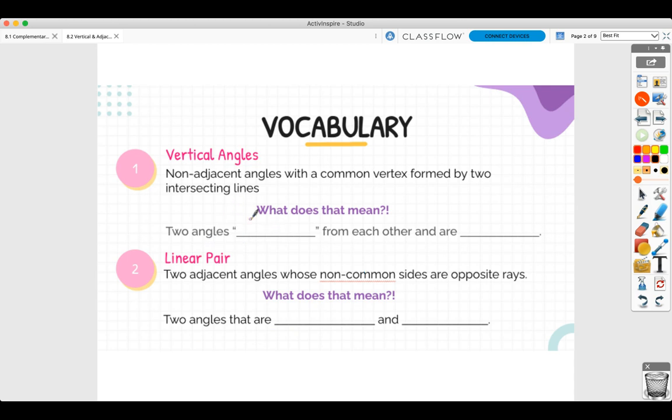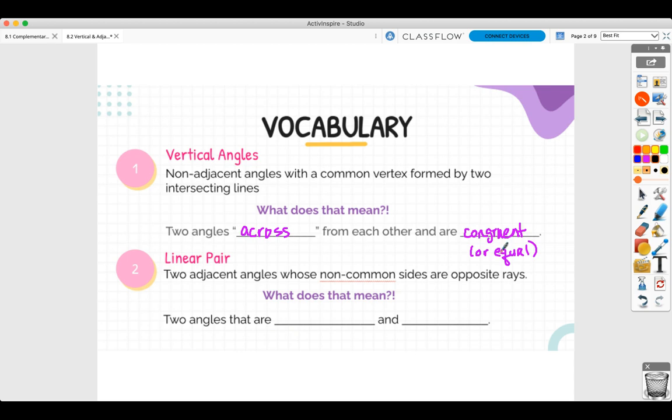Two angles across from each other and are congruent, or we could say equal. Technically, in geometry, use the word congruent when you're discussing the degree of angles, okay? So they're across from each other and congruent.